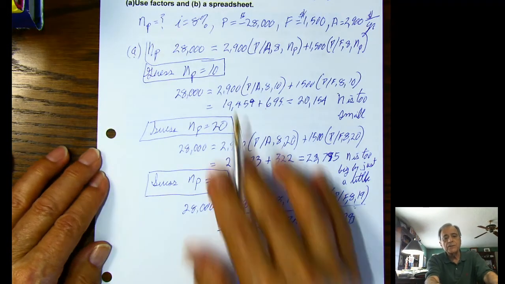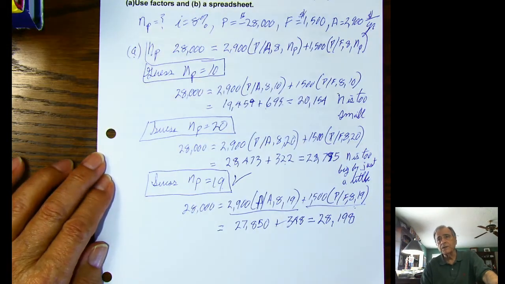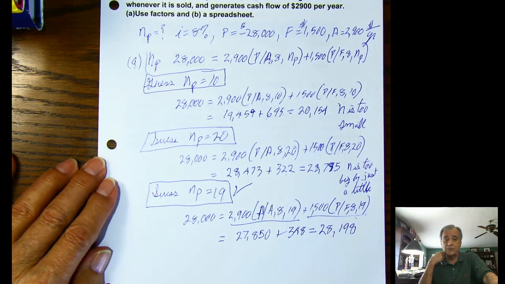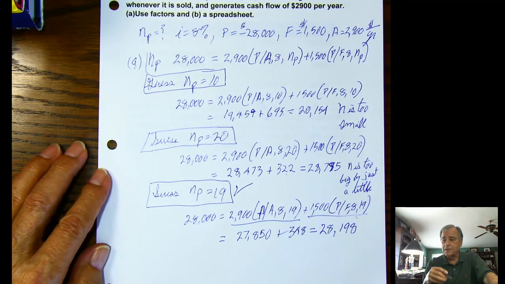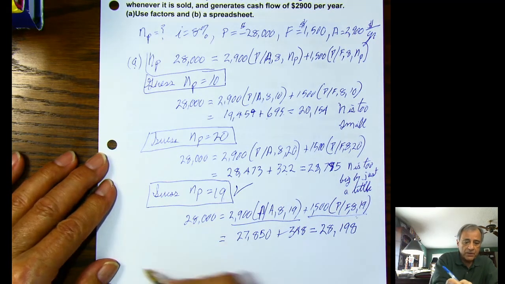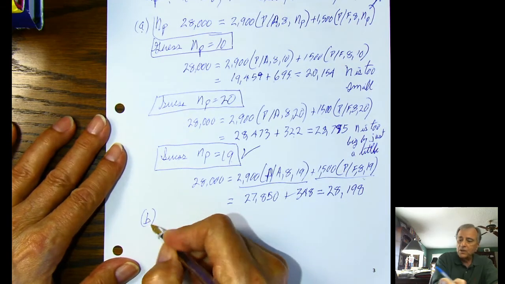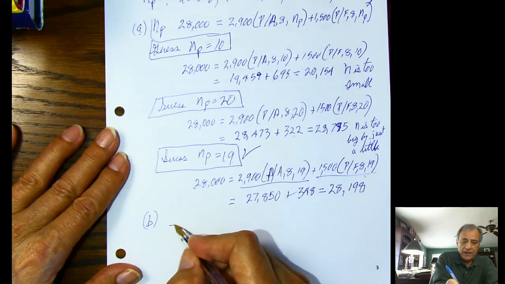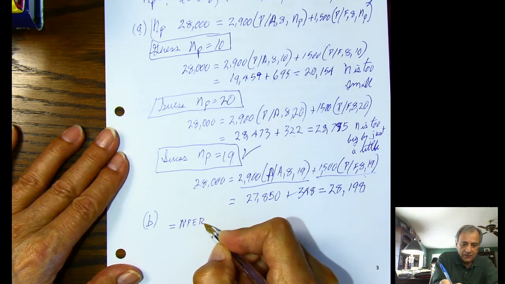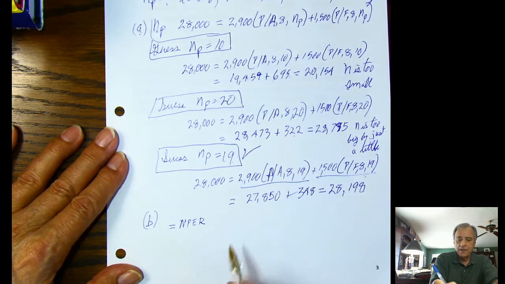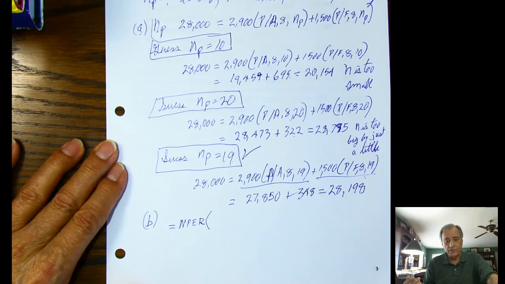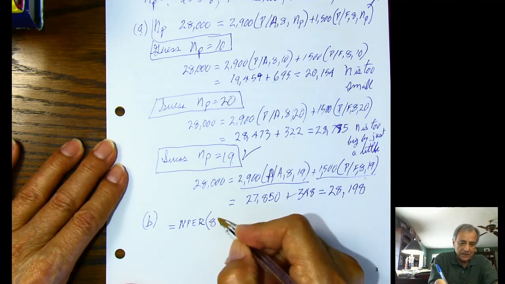Part B says to use the spreadsheet function to calculate your actual value. So in the spreadsheet, we have a function, let me write this here, Part B. If we put in equal NPER, which is number of periods, open parentheses, it's going to ask us for the interest rate. I put in 8%.